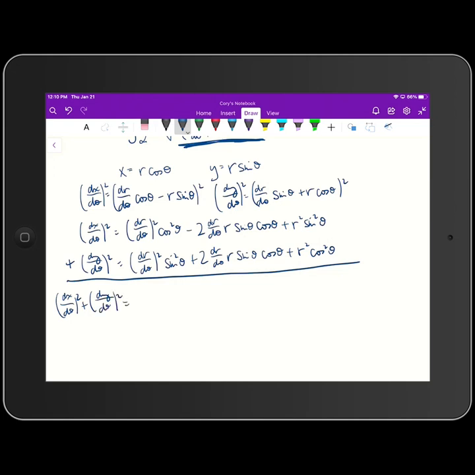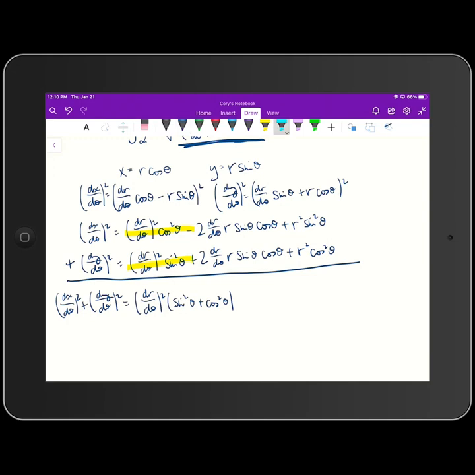And that's going to be equal to, when I add up these two quantities, I can factor (dr/dθ)² out. So that's going to give me (dr/dθ)² times sine squared plus cosine squared.